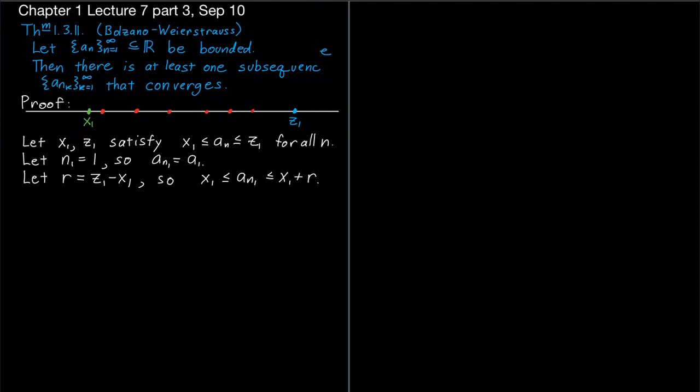So r is this distance, x_1 is at one end, and a_1 is just somewhere in here. Let's say this one is a_1.